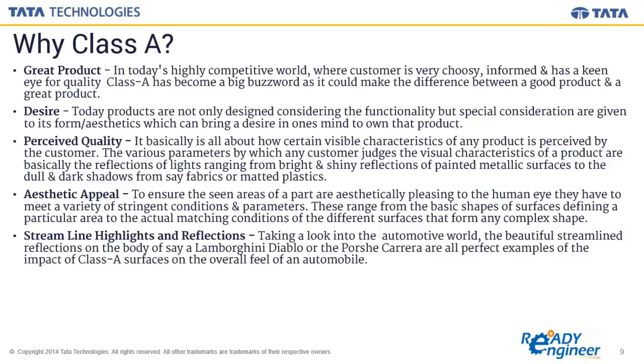Why? Because the form gives an expression that it's very fast. If you look at a Lamborghini, it directly tells you that I'm a fast product, I'm a very high speed product, and I'm very manly also.